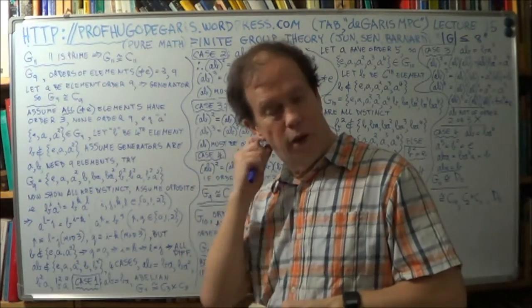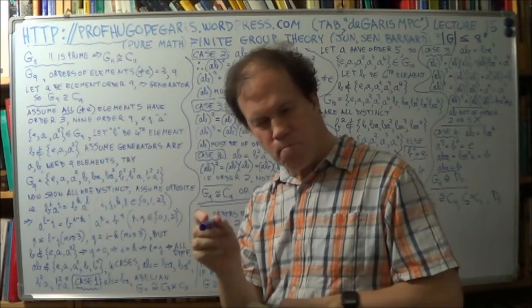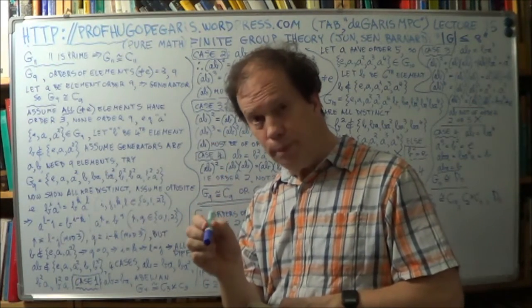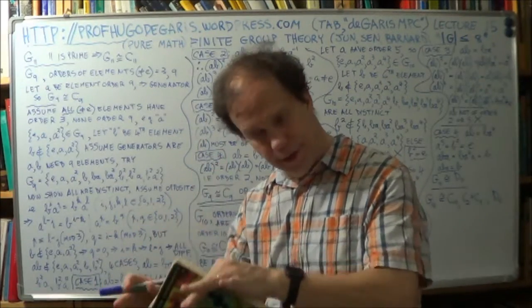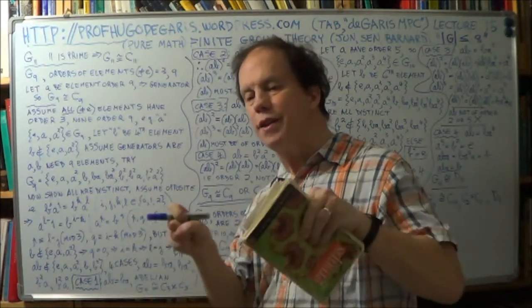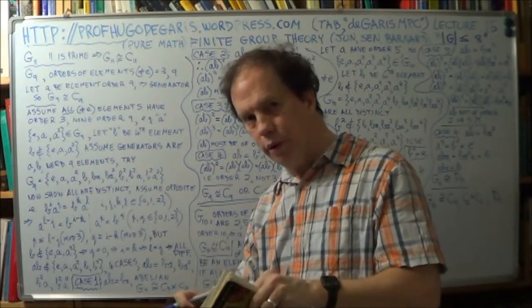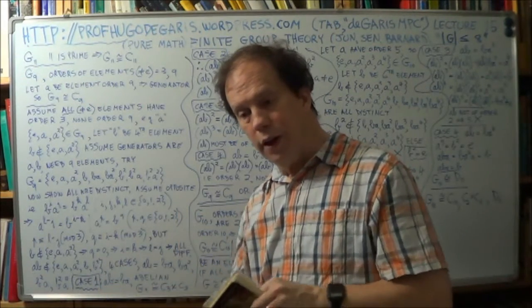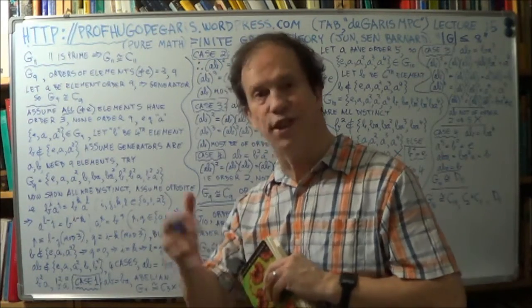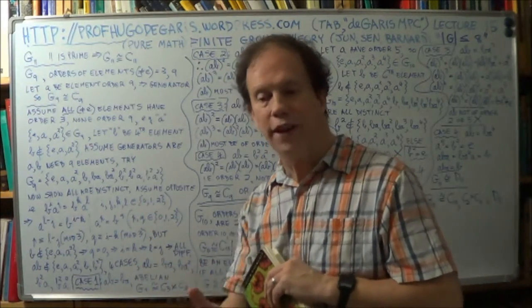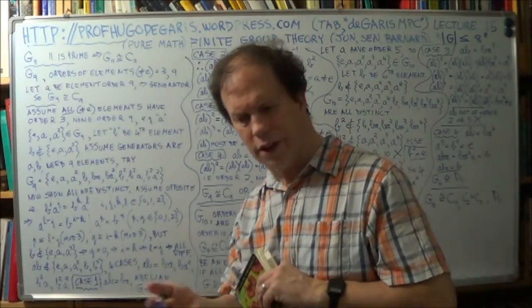You can take a group of a certain order, and under certain circumstances extract a smaller group from that bigger group. And that group is called a quotient group, the result of a division, or a factor group.